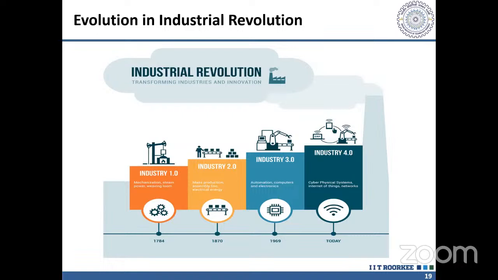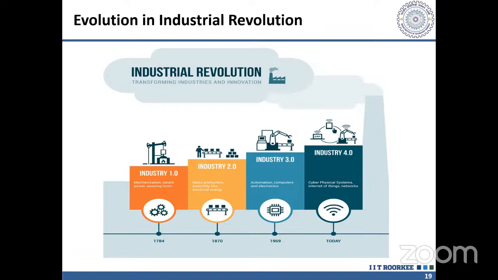So we can say Industry 5.0 represents the next phase in this revolution, building on the advances of Industry 4.0 and placing a greater emphasis on the human element of manufacturing. So machines and humans work together to achieve greater efficiency, productivity, and creativity.